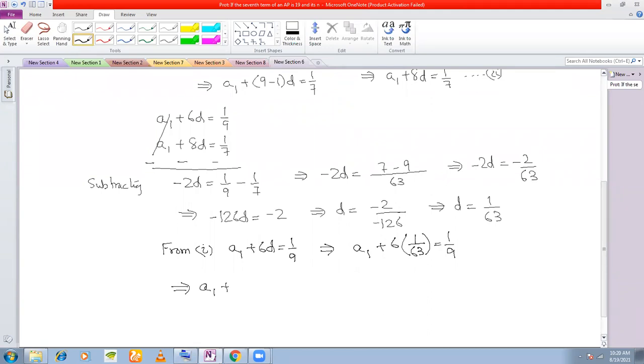And it's A1 plus, now this will cancel, twice 21. So A1 plus 2 by 21 is equal to 1 by 9. Hence A1 is equal to 1 by 9 minus 2 by 21.